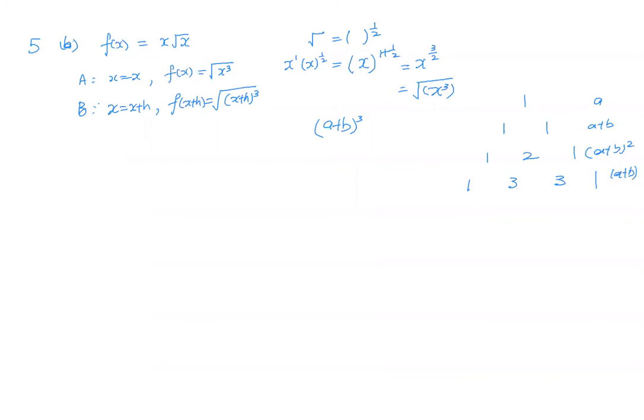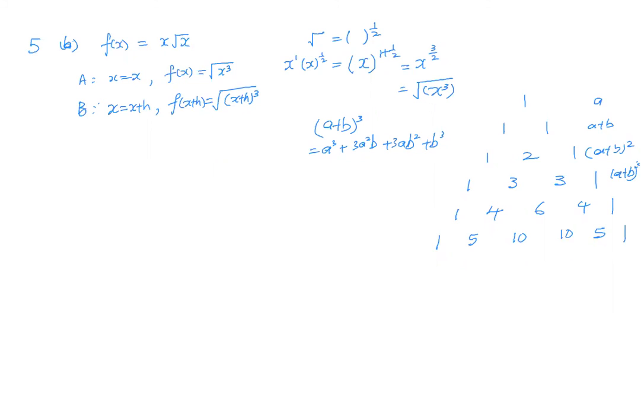All these numbers show the coefficients. So this will be a cubed plus 3a squared b plus 3ab squared plus b cubed. If power 4, it is 1, 4, 6, 4, 1. If power 5, it is 1, 5, 10, 10, 5, 1.